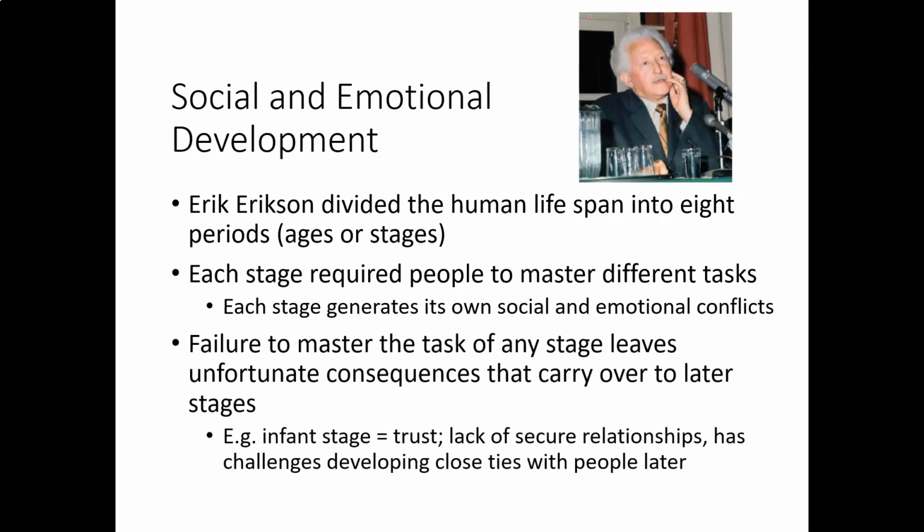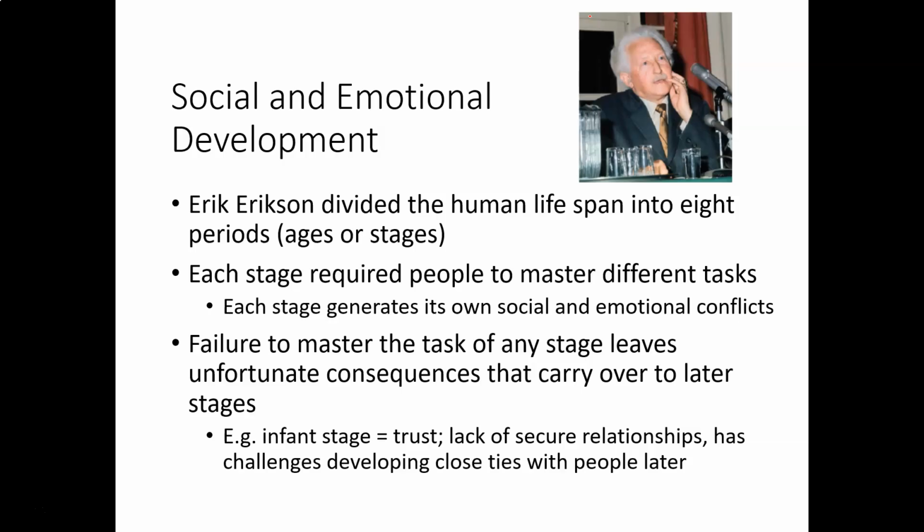He argued that failure to master these tasks at any particular stage is going to result in consequences in later stages. So for example, in the infant stage, the conflict that they have to resolve is trust or mistrust of their caregiver. And if infants do not have a secure relationship with their caregiver, what they're going to find later in life when they become adults is that they're going to have trouble with close relationships in adulthood as well.